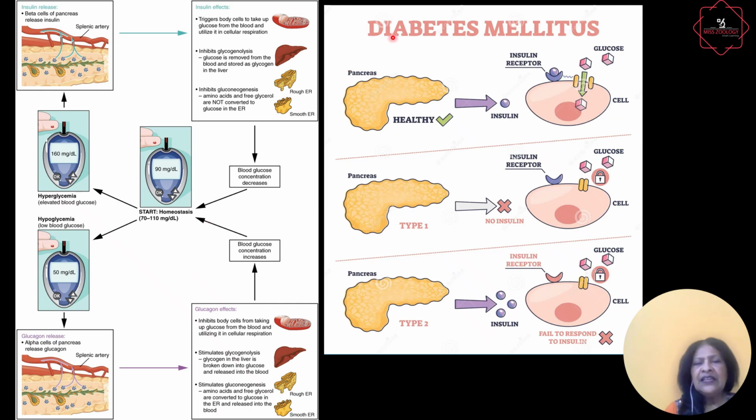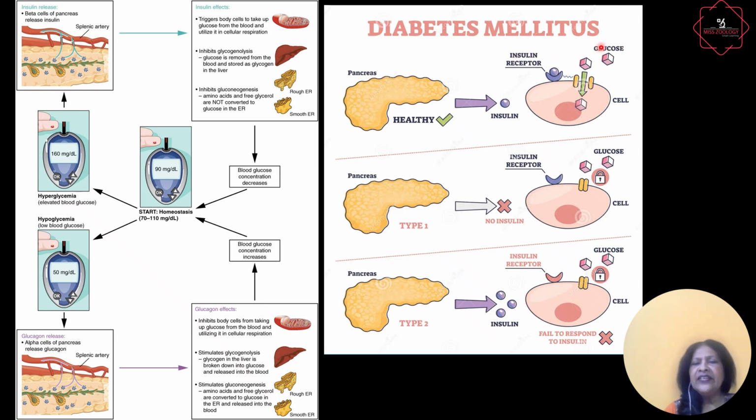Here is a case when the body is not able to maintain the normal glucose level. Then we come across disorders due to insufficient or excessive secretion of the hormones. Now, in case of insufficient secretion of insulin, this leads to diabetes mellitus.